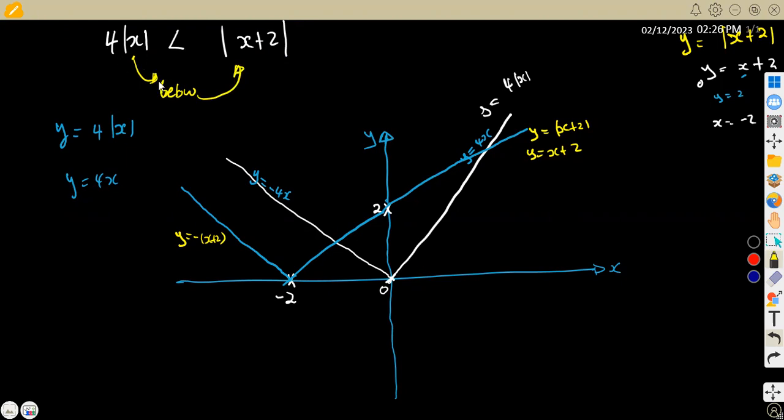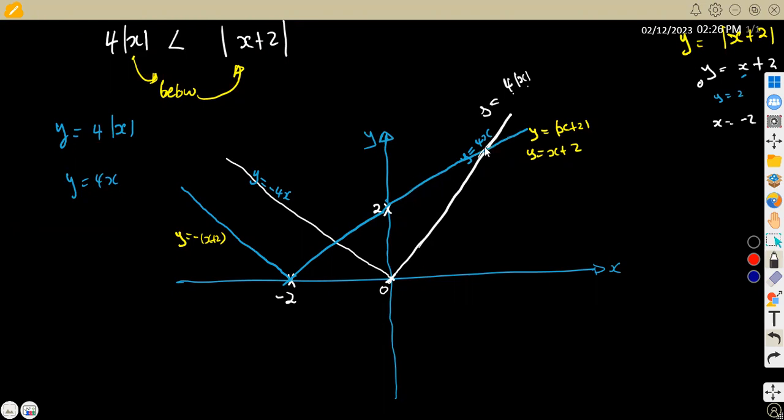So you take where it is below the function. I want you to take note, the line that we have here, which is in white, is our modulus of x. Where do we have this line below the graph of y is equal to the modulus of x plus 2? Where do we have this below?